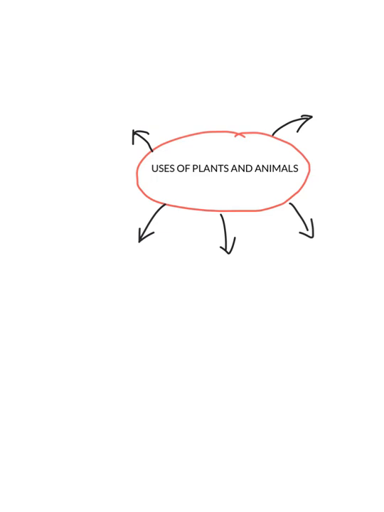So what do we use plants for? We use plants for food, and let's draw. We get fruits like apple and banana from plants.